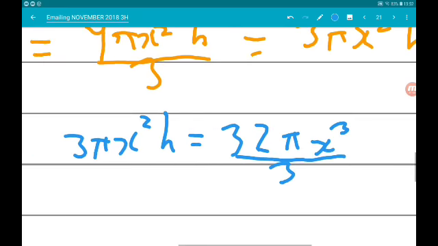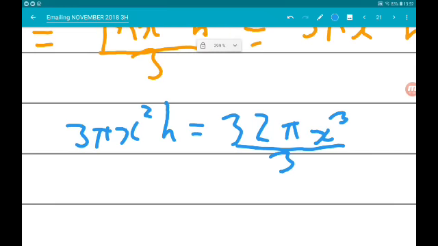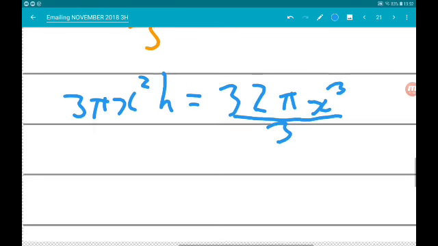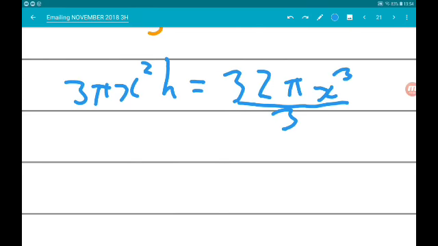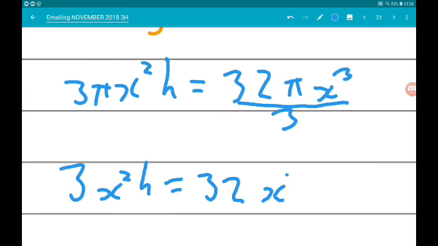Okay, now then, there's a pi on both sides, so we can divide pi away. So pi goes by and leaves us with 3x squared h is equal to 32x cubed over 3.